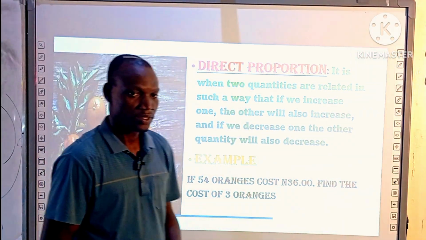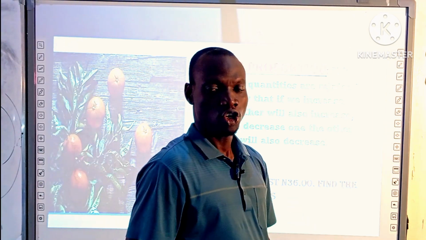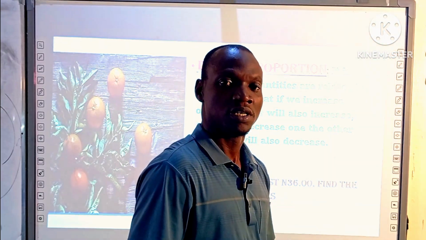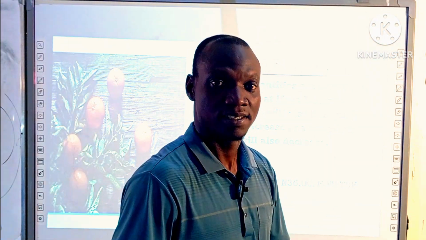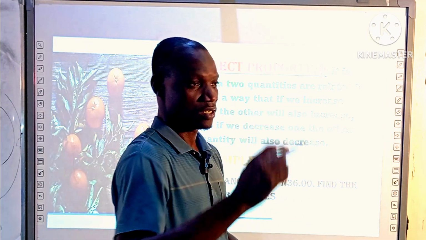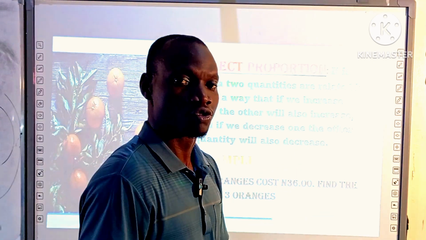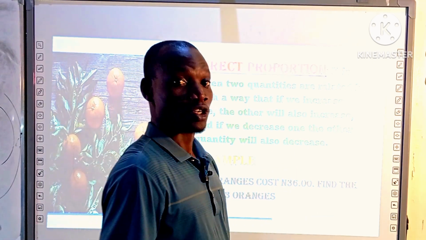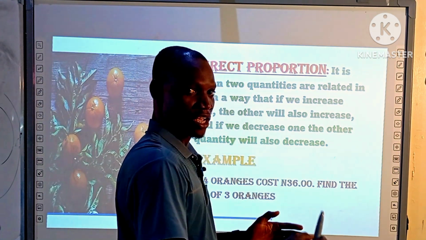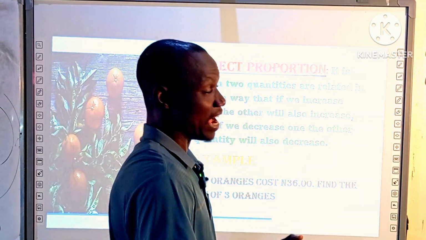For instance, if it costs me $50 to buy 5 pens, how much will it cost me to buy 10 pens? In that case, you discover that the number of pens has increased. Therefore, the cost must also increase. When we have an increase in one quantity resulting in an increase in the other, we call it direct proportion.